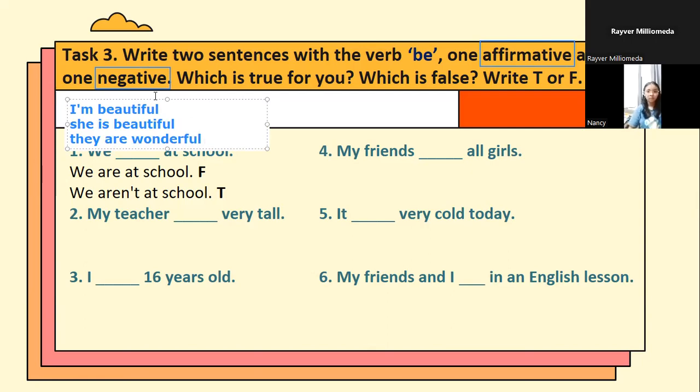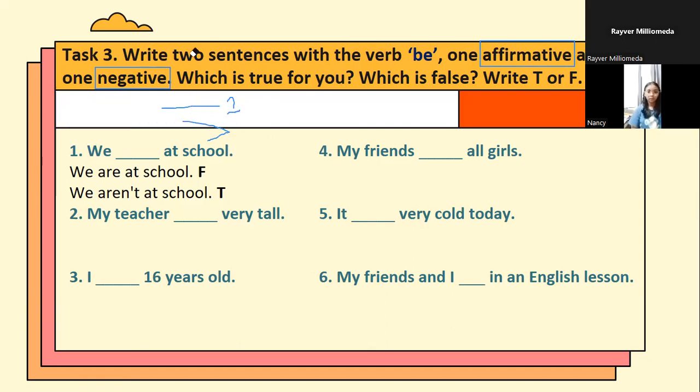When we say I'm, it is talking about one person. Remember? One. But this two, right? And also, this one right here is also one. And they are wonderful.